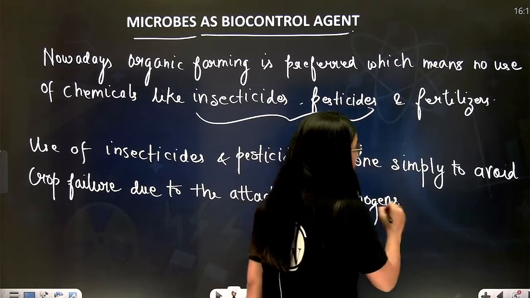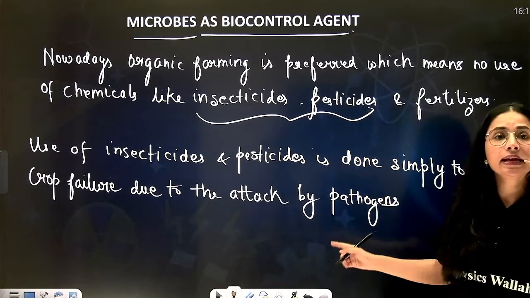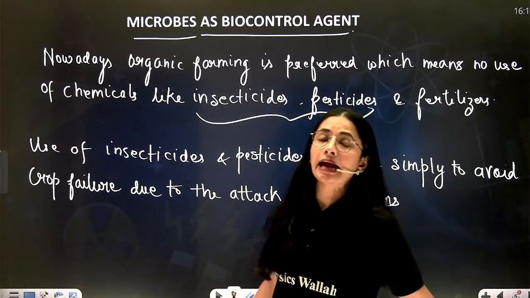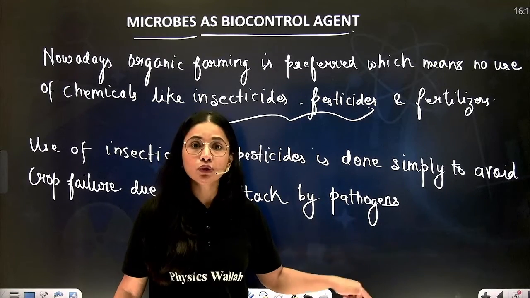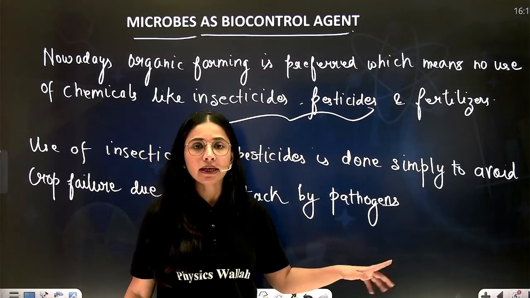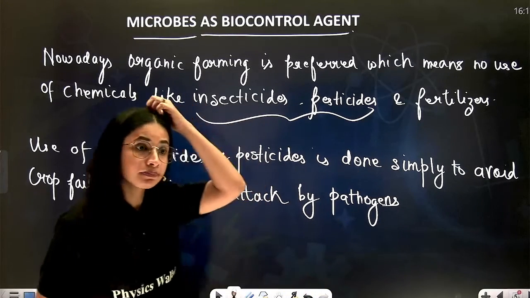But these chemicals are very harmful. Not only do they kill the pathogen, they completely eradicate the population of pathogen from the soil, but also if you consume it, then it is going to create trouble in the human body as well.